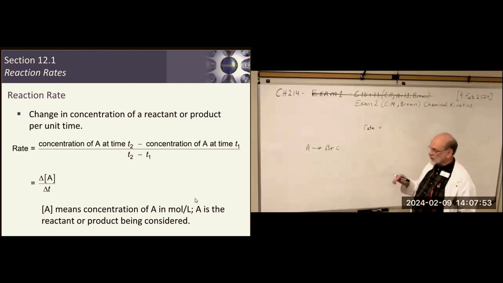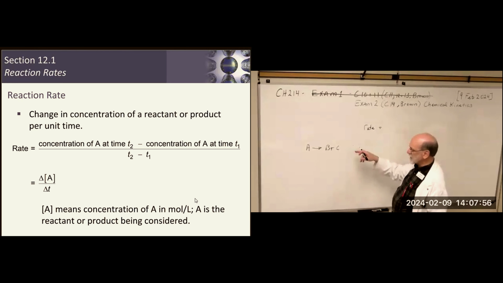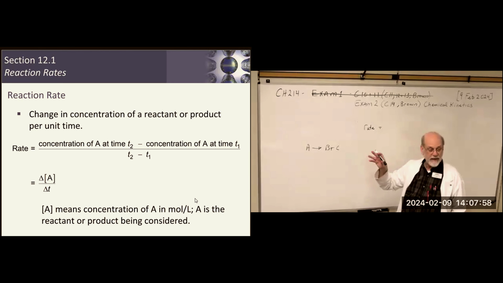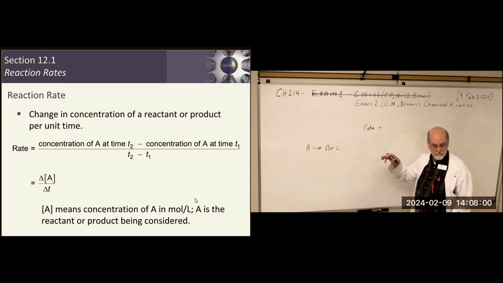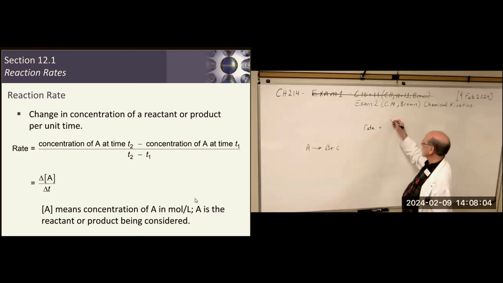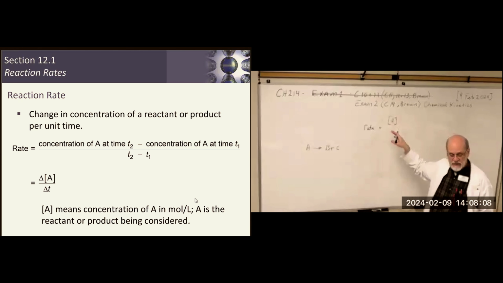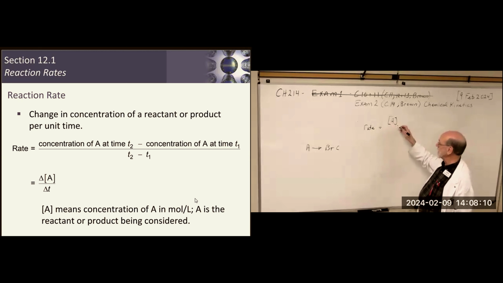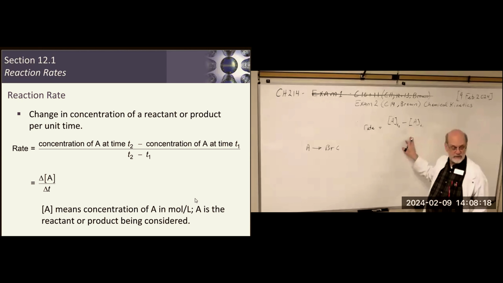Then we can say, what's the final concentration of A? I like to use that as a representation of A at time T2, and then the concentration of A at time T1. So it's final minus initial, as always.